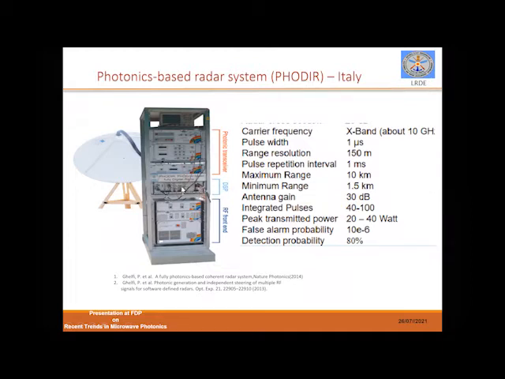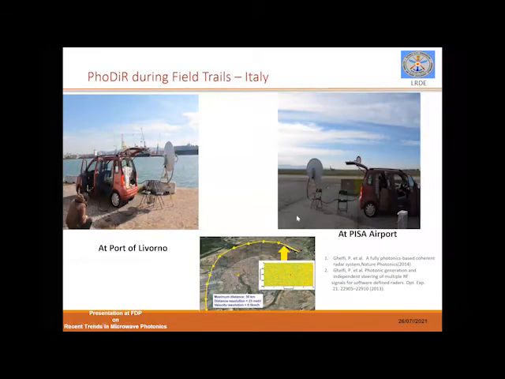I have also given the link of the article, which talks about it. It is in Nature Photonics in 2014, the complete architecture of this particular radar. They have also brought out articles on how this radar has been used for coastal surveillance, air traffic control, and normal surveillance of air targets.